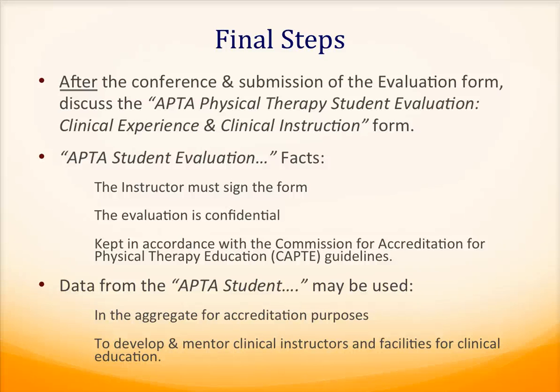The student will complete the form online and print a hard copy to review with you. After the student reviews this form with you, you must sign the form. It is important for you to realize that your signature does not necessarily denote agreement with the evaluation. It only indicates that you have received the feedback.